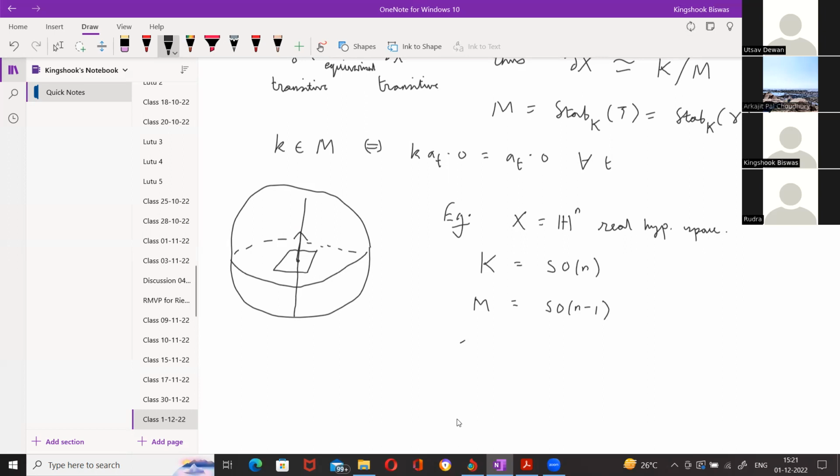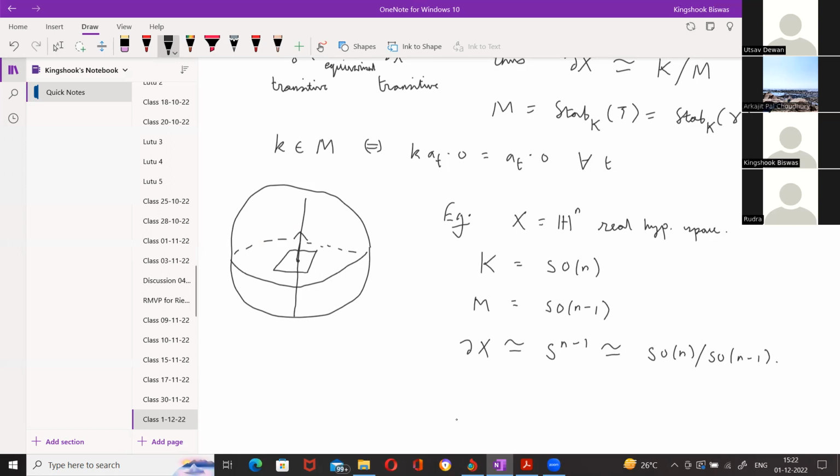Here boundary X is S^(n-1), which is the same as SO(n) mod SO(n-1).